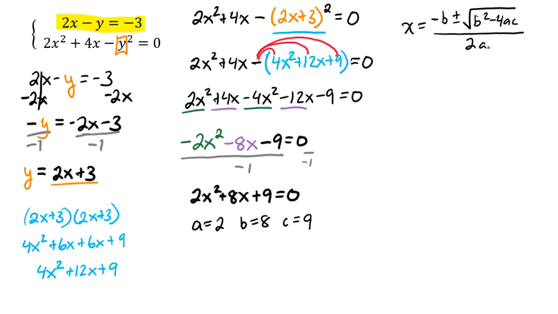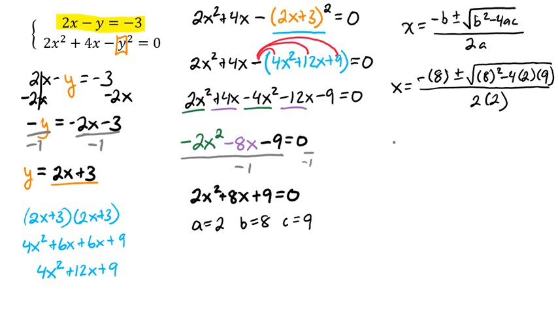So I'm going to plug in my values here. So I have a b value of 8, and then my a is a 2, and my c is a 9. Again, my a is a 2. So here, that's going to give me a -8 plus or minus. On the denominator, I'm going to have a 4. And then I'm going to go ahead and multiply that out.